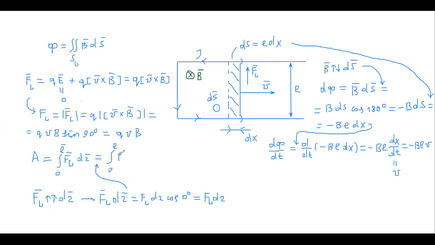This is equal to the integral of F_L dr, and this is equal to Q V B integral from 0 to L of dr. All values that don't depend on dr may be written outside the integral.